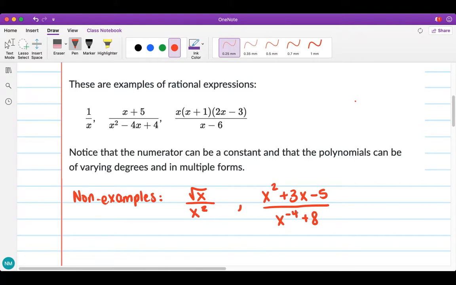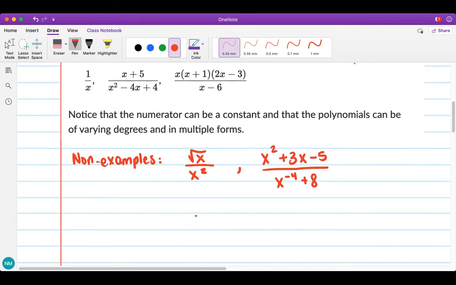We could technically rearrange it and get it to be a rational function, but in this form, it is not a rational function. Another non-example would be 2x over 0. Why is this a non-example?